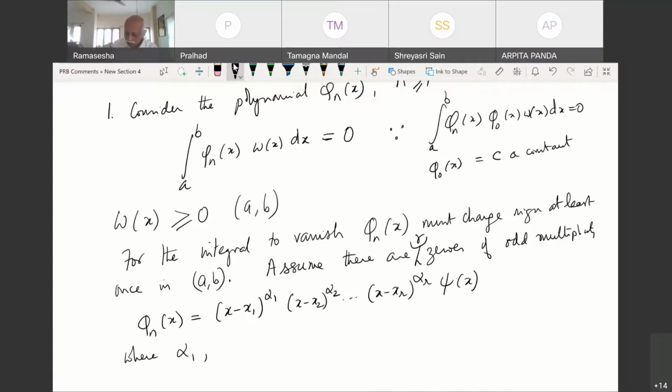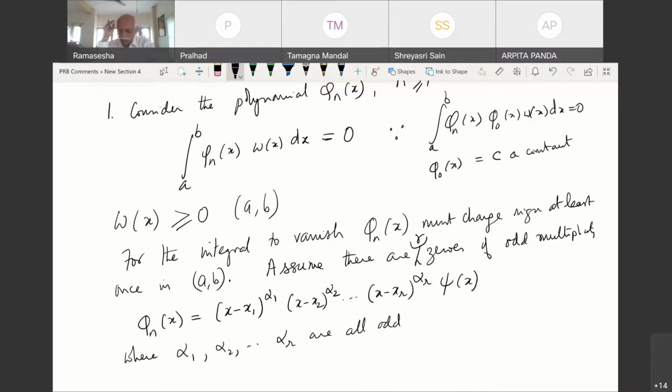So what I'm saying is that because it has to change sign at least once, let me assume that there are points like x1, x2, xr at which it changes sign. For it to change sign, the multiplicity of the zeros x1, x2, xr must be odd. So it can be x minus x1, or x minus x1 cubed, or x minus x1 to the power 5 and so forth. But it has to be odd.